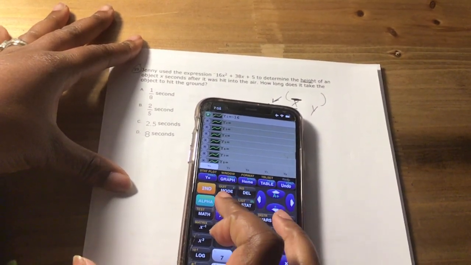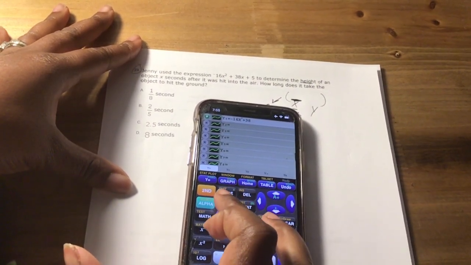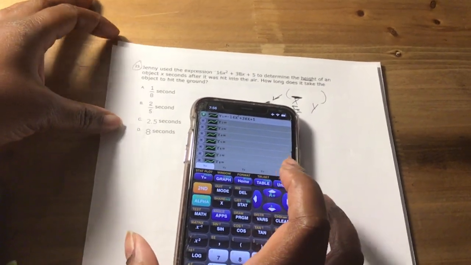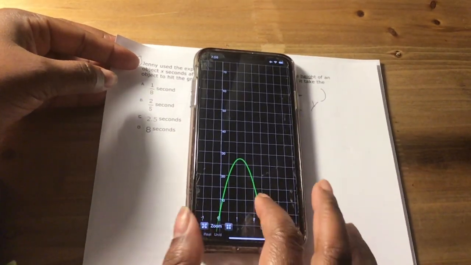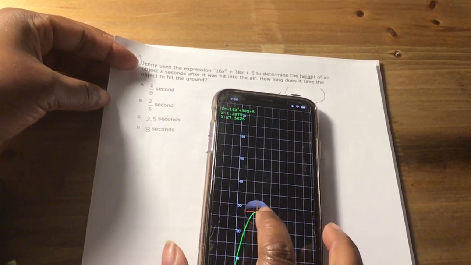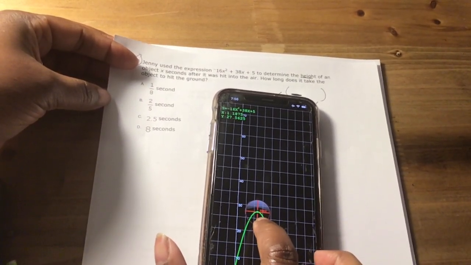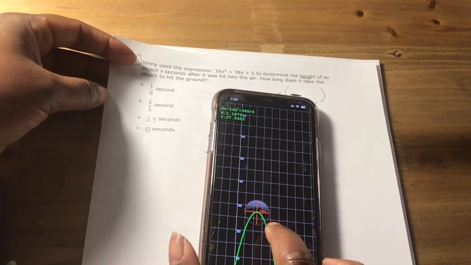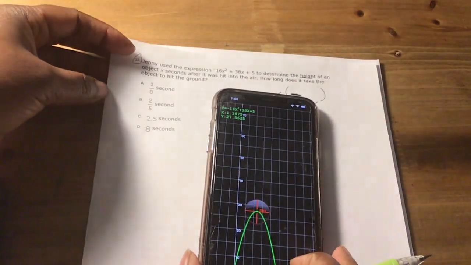Negative 16x squared plus 38x plus 5, okay? So you're gonna go to your graph, sorry about that. And when you go to your graph, you look at this maximum point up here. Your x for seconds is going to be 1.118. That's what you're looking for, okay?